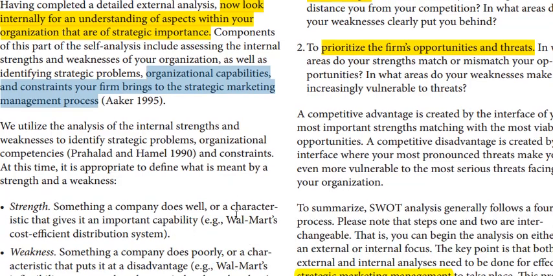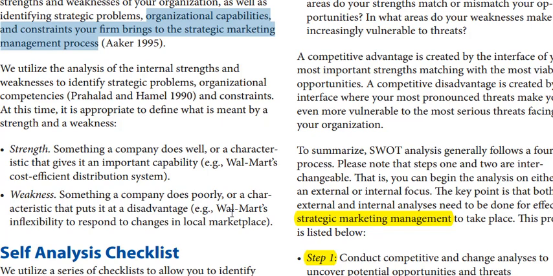To do that, we will use the most widely used technique, that is SWOT analysis. And in SWOT analysis, we will talk about strength, that is internal to an organization and gives an important capability to the organization, and weakness, that is again internal but is a disadvantage to the company.